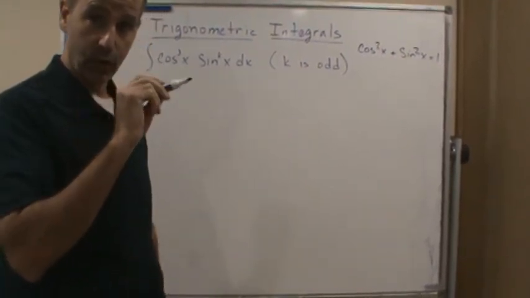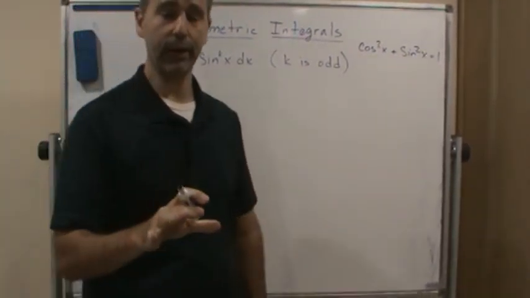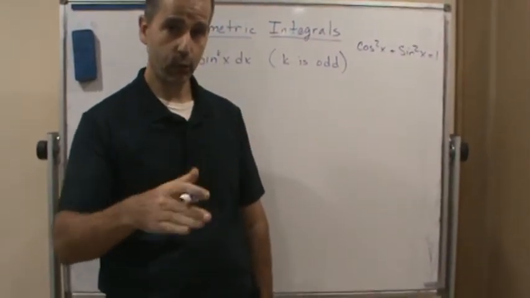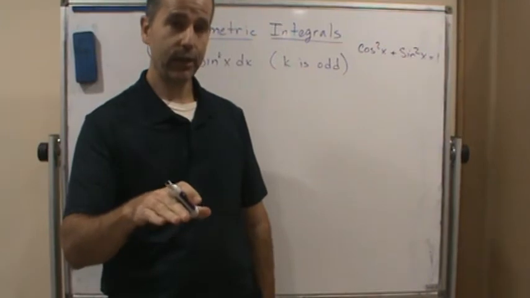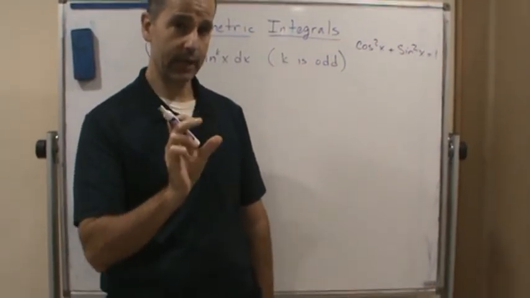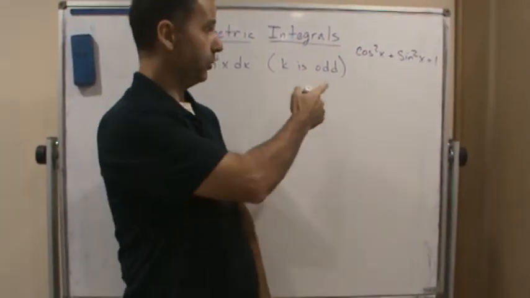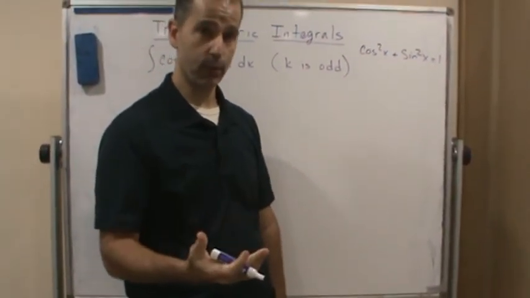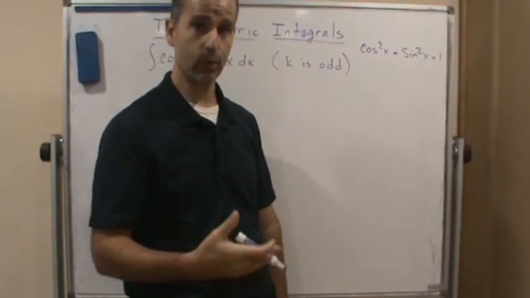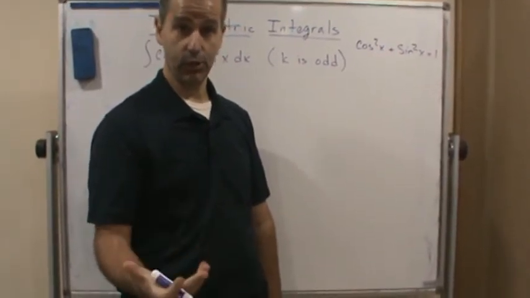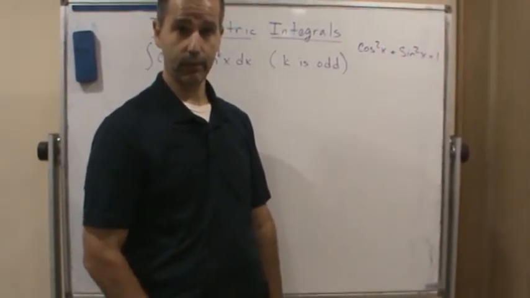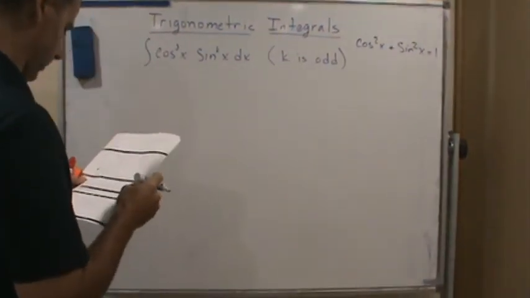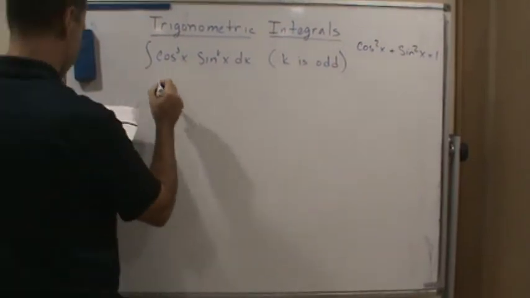If you have an odd power of sine, you shave off one of the sines, and you'll end up with an even power of sine left over, and then you can use this. Even if it's sine to the 4th power or sine to the 6th power, you can still do it. So here's one for you.